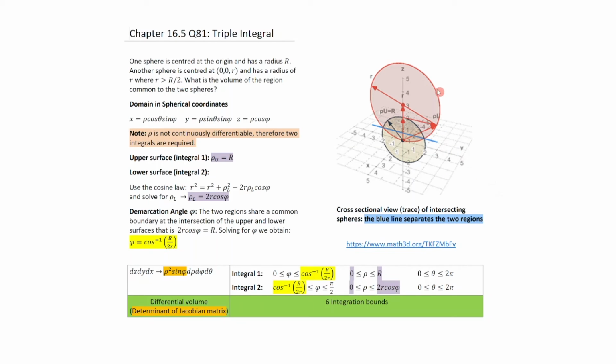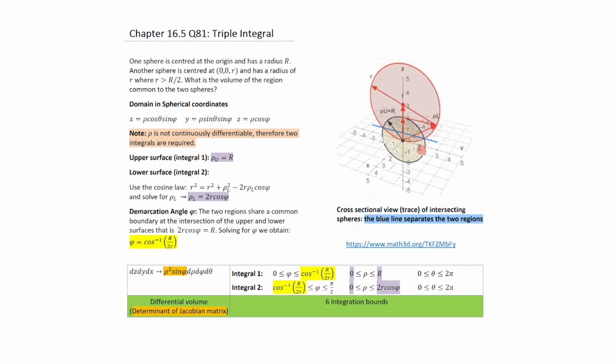In drawing, it's easier to just use a trace to visualize the problem. If you take a plane that cuts through the origin in any particular direction, you will end up with a picture that looks like this. The trace shows a circle of radius R and another circle of radius small r offset by distance r along the z-axis.